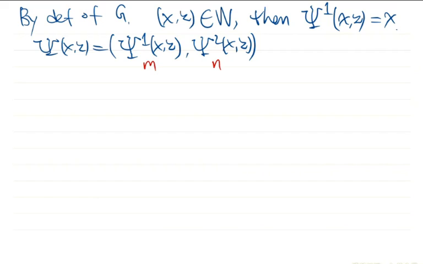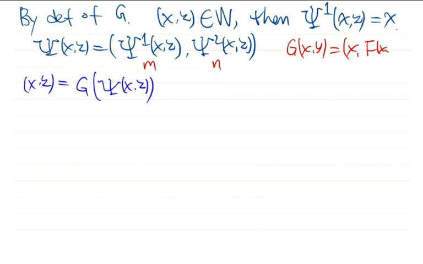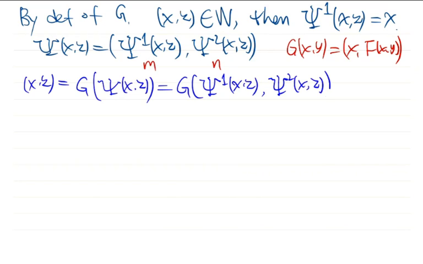Therefore, (x, z) is G of psi(x, z). But since G(x, y) is (x, F(x, y)), this G is precisely G of (psi1(x, z), psi2(x, z)). So by the definition of G, this must be psi1(x, z) and F of psi1, psi2.